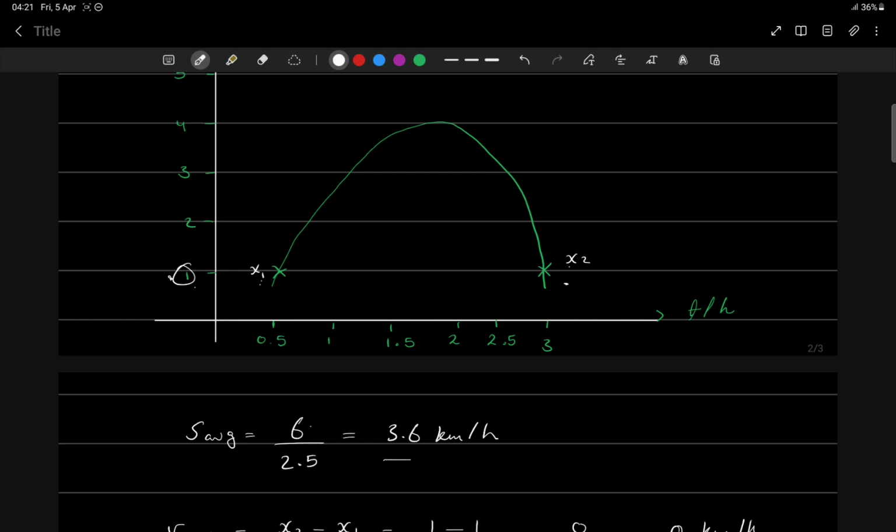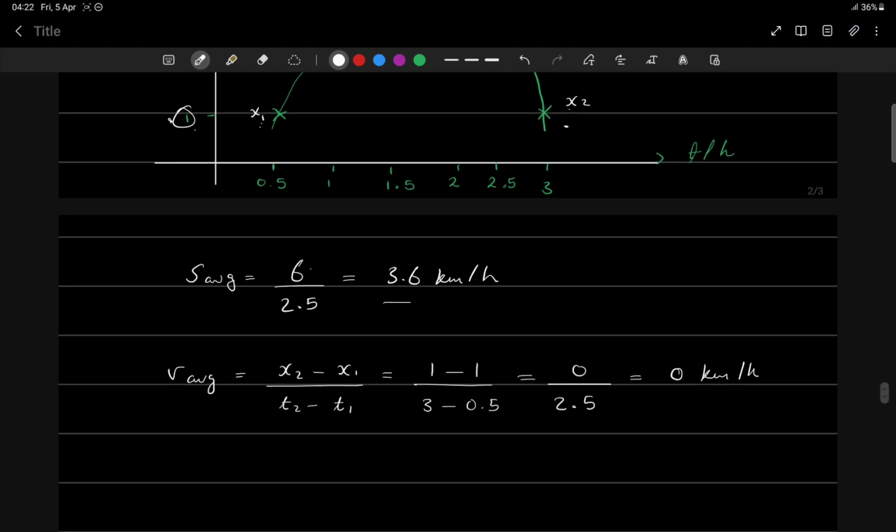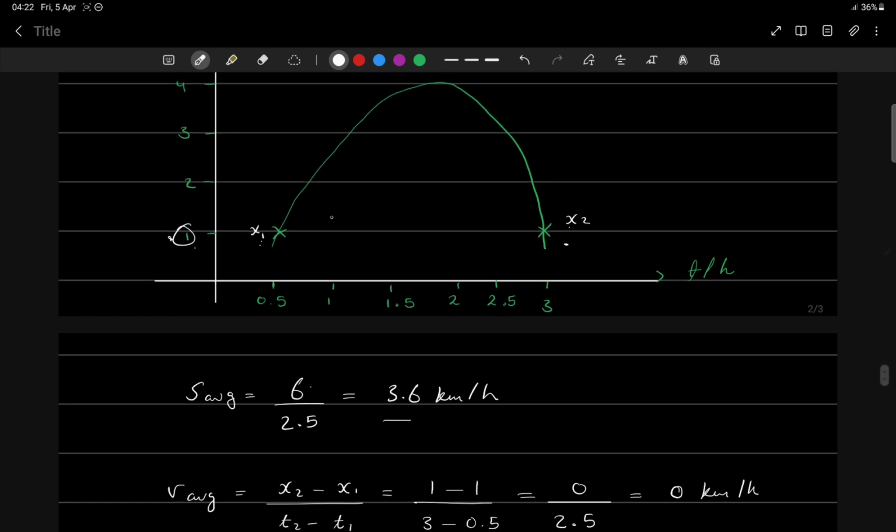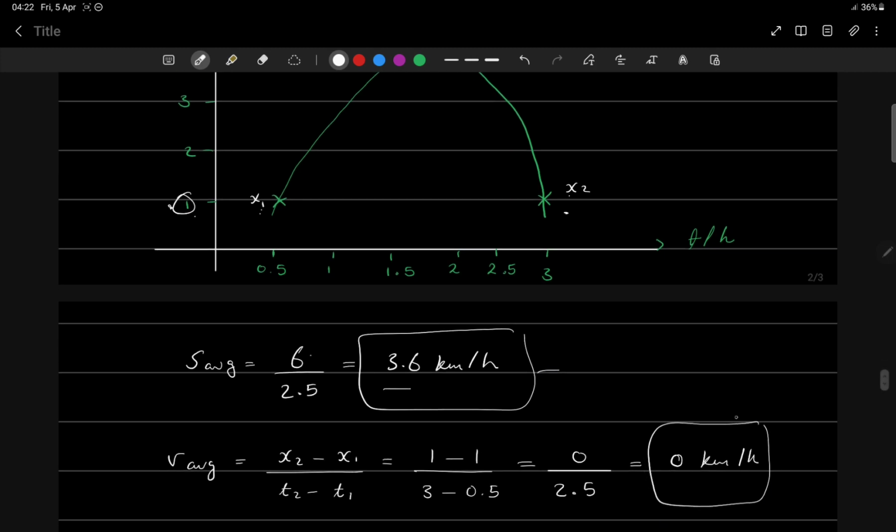It's not like they did not move at all, but the starting position is the same as the ending position, and so there is no displacement at all. And that sums up the difference between average speed and average velocity. You can see that sometimes, for example, in a movement like this, you might need to be dealing with speed so you can find information about the movement, because if you use velocity, it's not going to come up with anything.